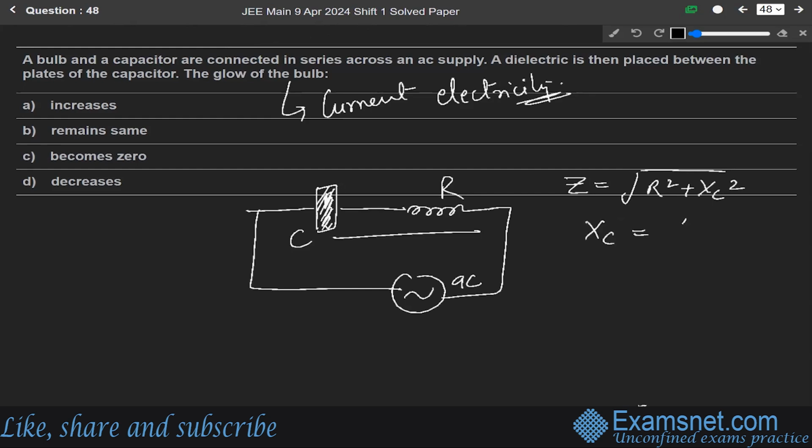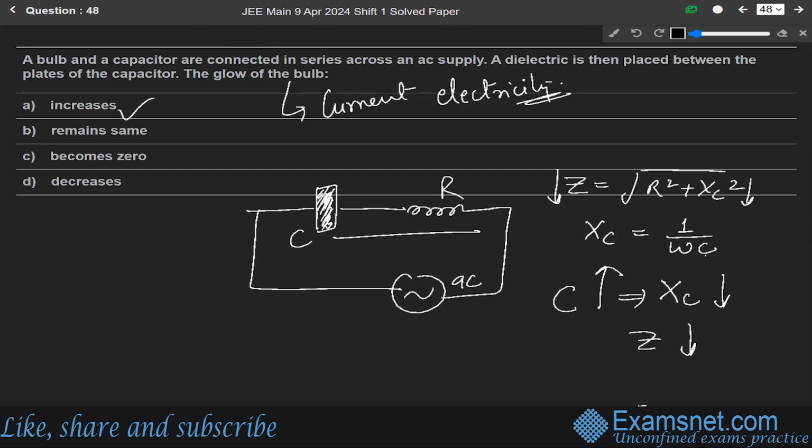And we know that XC is what? 1 over omega C. So when the dielectric is placed between the plates of a capacitor, the C increases, this means XC decreases. If capacitance increases, XC decreases. So if XC decreases, Z decreases. So if Z decreases, the current increases and the bulb will glow brighter. So the correct answer is option A.